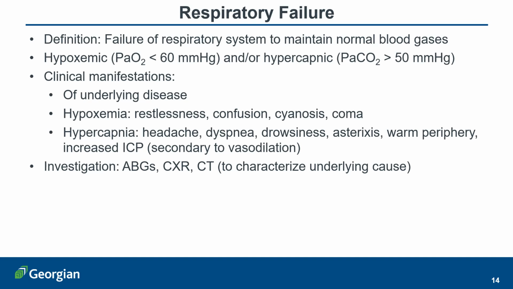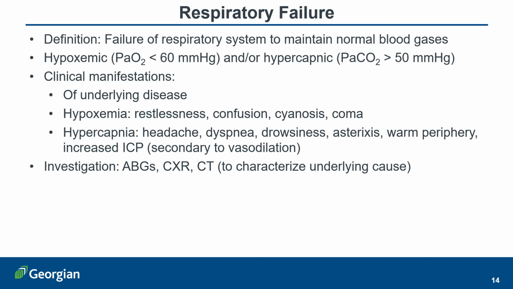In the case of hypercapnic respiratory failure, you have a buildup of CO2 that can result in a drop in pH, in this case respiratory acidosis, and that can cause headaches, dyspnea, drowsiness, asterixis, peripheral vasodilation leading to warm peripheries, as well as the increased ICP that is also secondary to vasodilation in the cerebral vasculature.